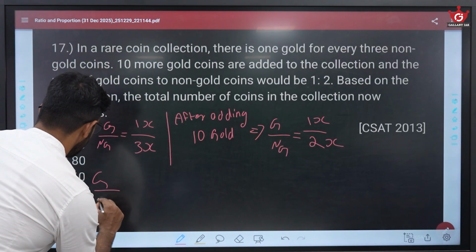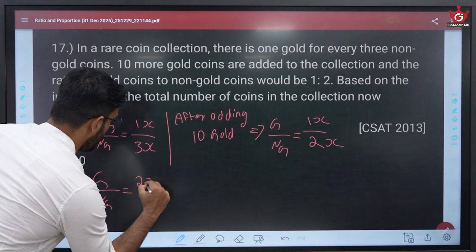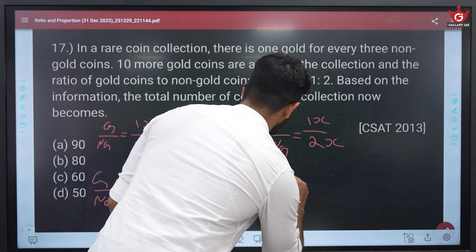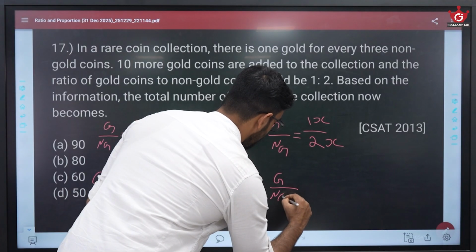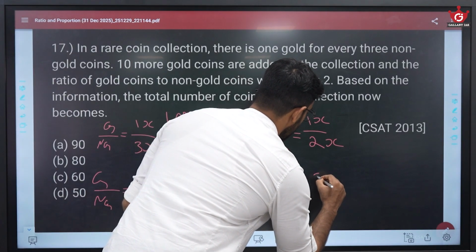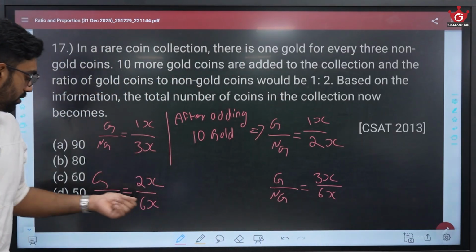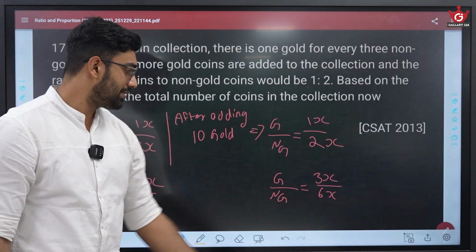When multiplying by 2, we get 2x by 6x, and when multiplying by 3, we get G by NG equal to 3x by 6x.